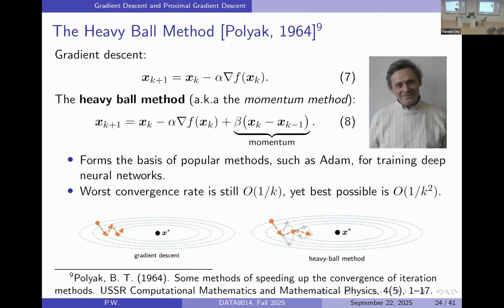Yeah, I think I should show it later. I will share the paper in the WeChat group. Actually, there is some theoretical justification of the faster convergence rate of the heavy ball method. Yeah, good question.